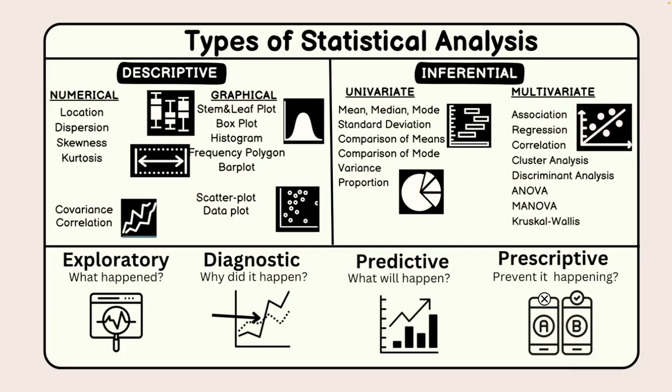So these are the different types of statistical analysis. And I won't go into details in any of them because this is what we will be covering in the live classes, right? But when it comes to statistics, there are two main groups: the descriptive statistics and the inferential statistics.